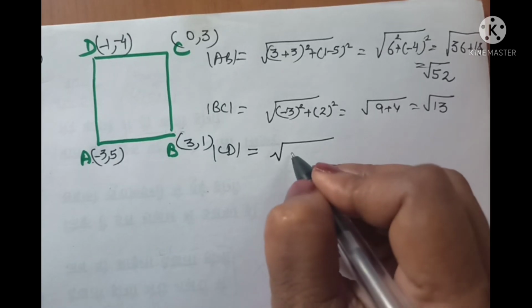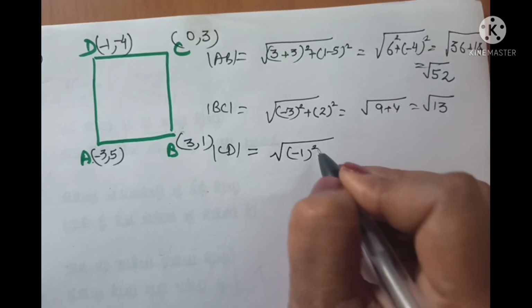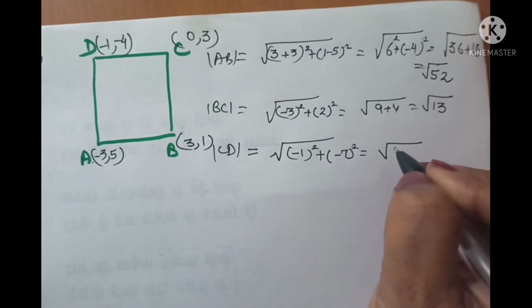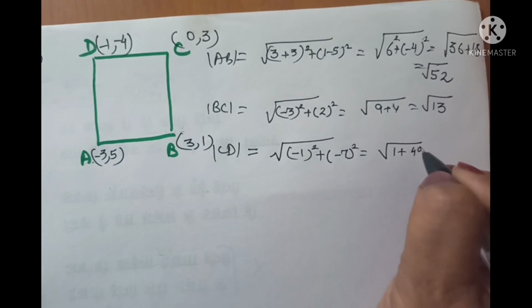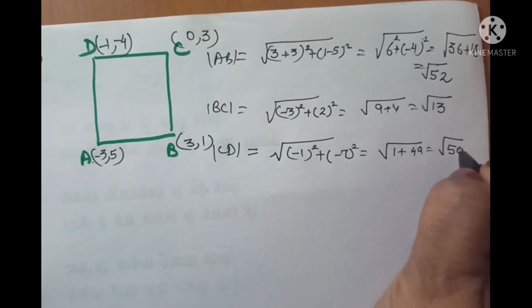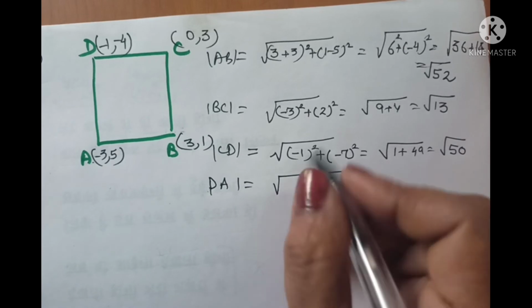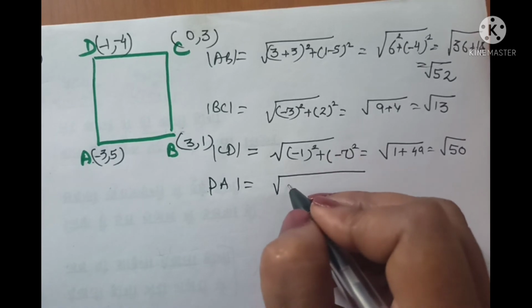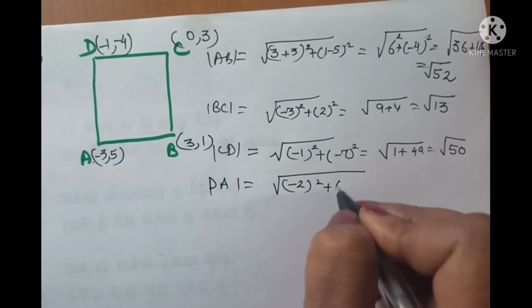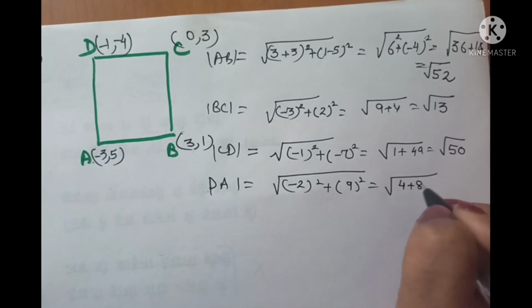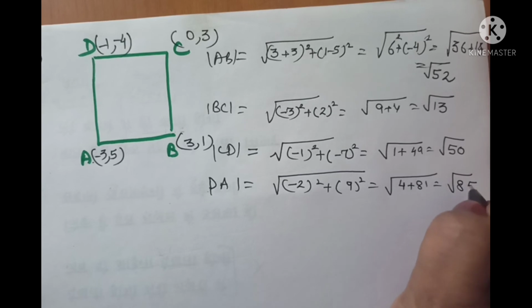Square root of (minus 1 minus 0), that is (minus 1) square, plus (minus 4 minus 3), that is (minus 7) square, which gives you 1 plus 49 or root 50. And DA, which is equal to (minus 3 plus 1), that is (minus 2) square, and (5 plus 4), that is 9 square, which is equal to 4 plus 81 or root of 85.